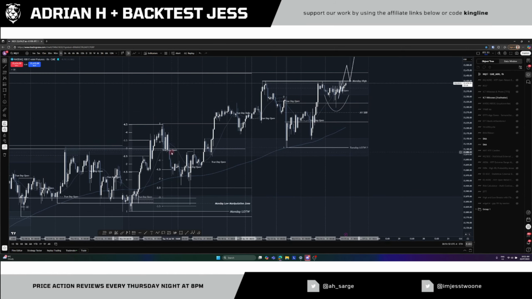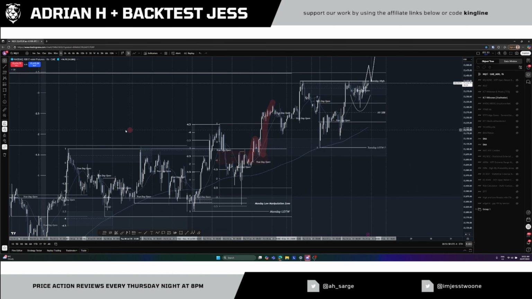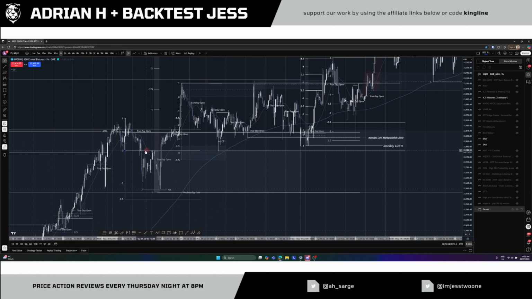Here, other good examples: we get the lows in here, we invert it, we continue up. Another one here, this is a really good example with the BPR, back from the start of the month. So we come down, we have to watch that 1 hour SIBI, we come back, flip, expand up.